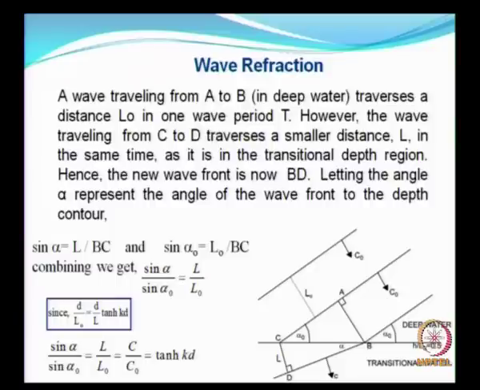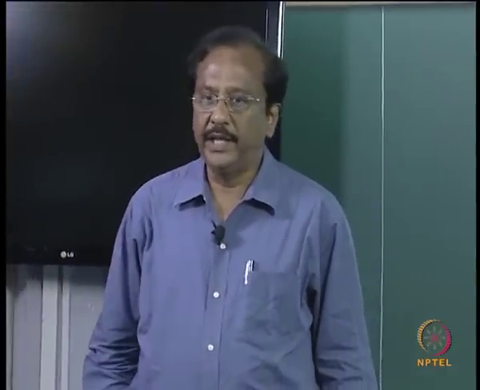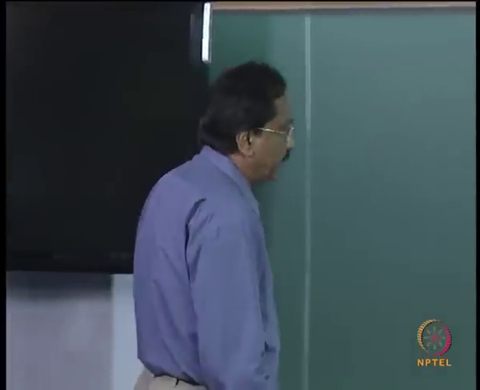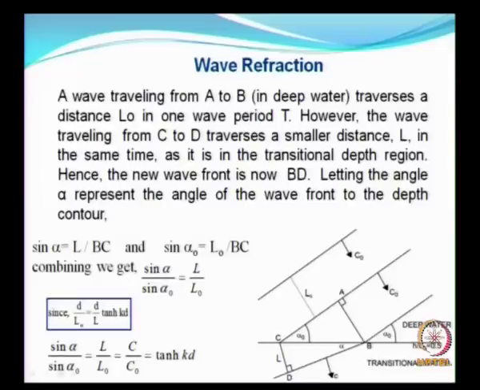When you take two wave crests in deeper waters, these are the two wave crests, this one and this one, the distance is separated by L naught, L suffix naught, because it is deep water condition. When this wave is crossing the line which is indicated as d by L naught equal to 0.5, then you see that the wave is going to bend as shown here.